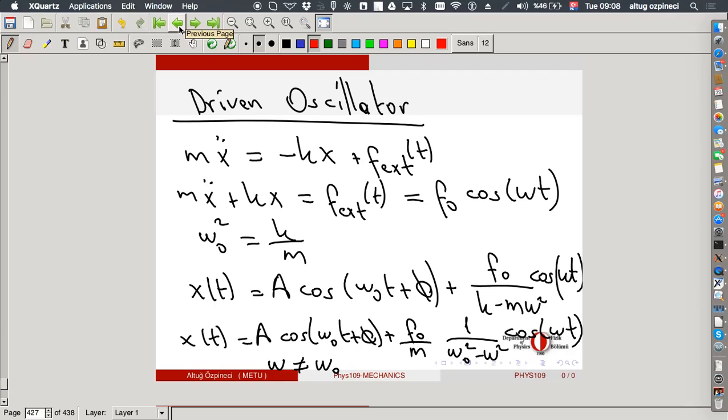There is one term, the natural oscillation of the object. On top of it, the external force creates another oscillation. And the exact description of the position of the object as a function of time needs to have both of these terms superposed. This is kind of another superposition principle.